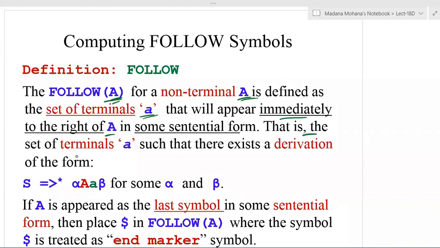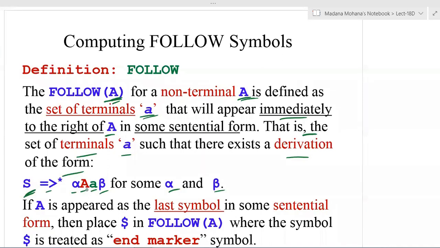So that is the set of terminals small a such that there exists a derivation of the form: S derives, in 0 or more steps, alpha variable A, terminal a, then beta, for some alpha and beta. Now here you can see, we can't find follow values for the left hand side symbol directly. You can find the follow value wherever the variable occurred in the right hand side of some derivation.